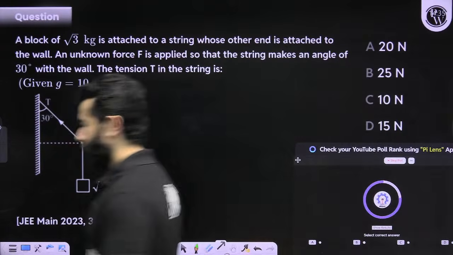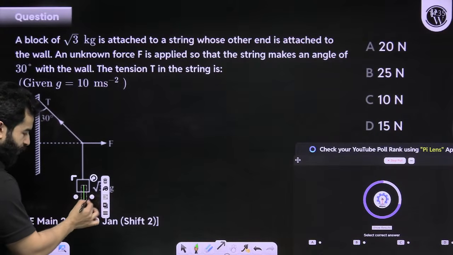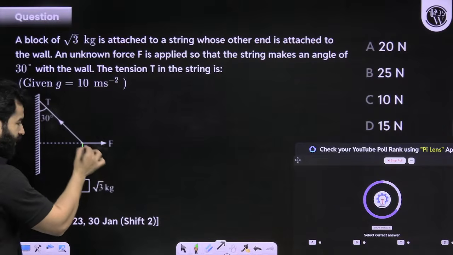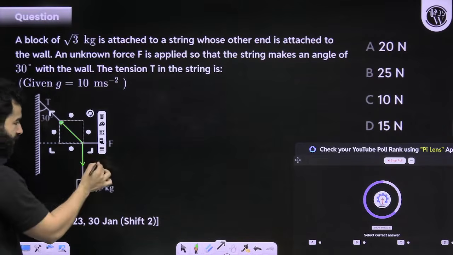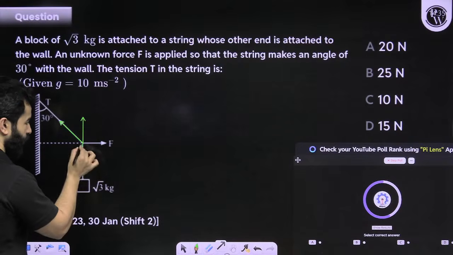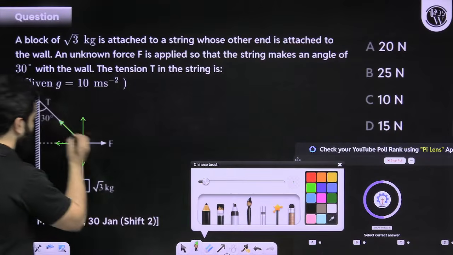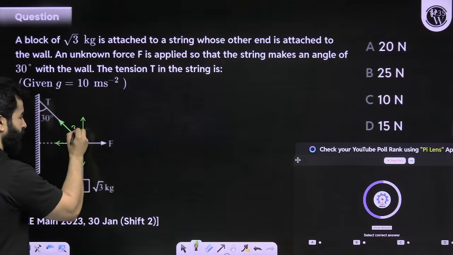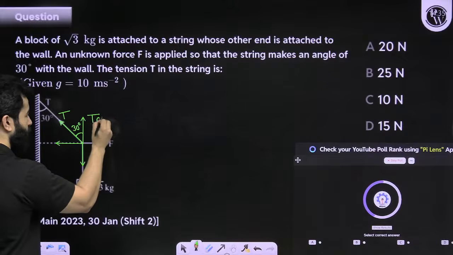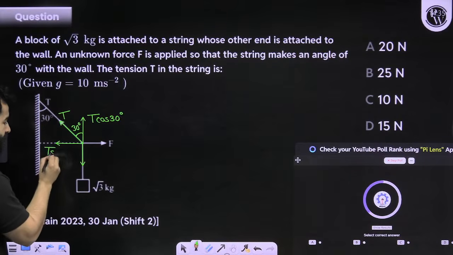In the meantime, let me also draw the forces. This is mg, so I can directly draw mg over here. This is tension T. This is one component of tension, and this is another component of tension. If this angle is 30 degrees, this is T cos 30, and this is T sin 30.